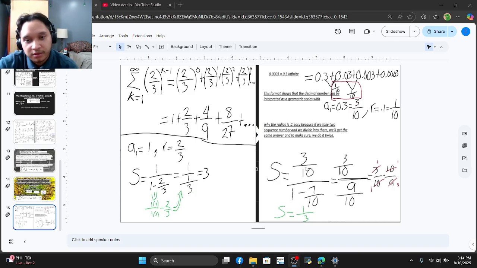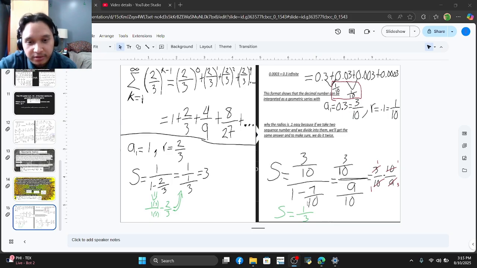So to add, we took the first term divided by 1 minus the ratio. As we explained before, we have to get the same denominator on the bottom, and we have to do the bottom part of the division first, because we need to have just one division without subtracting or anything.